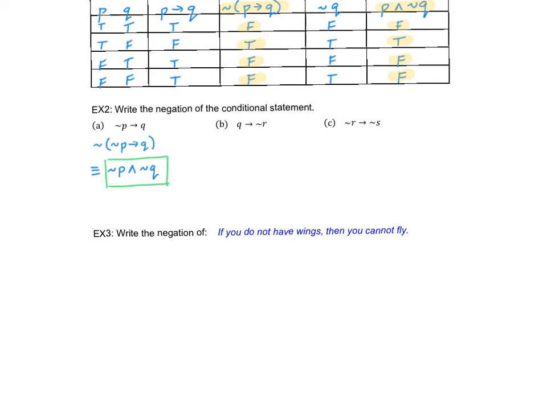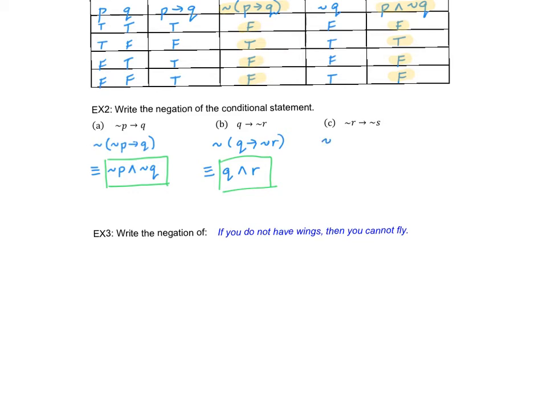So let's try another one. We want to negate if Q, then not R. So that would be equivalent to keep Q, and when we negate not R, it's a double negative. So not R is just R. So the negation is the opposite. If you have a not R, it becomes an R. All right, let's try the last one.